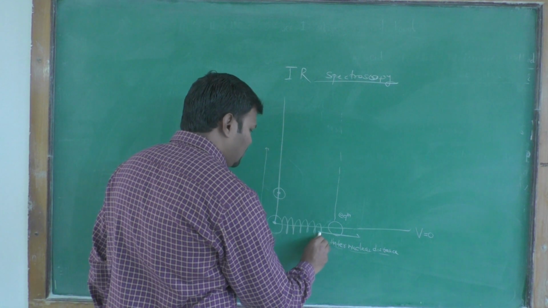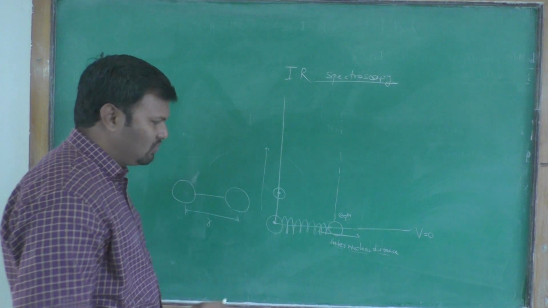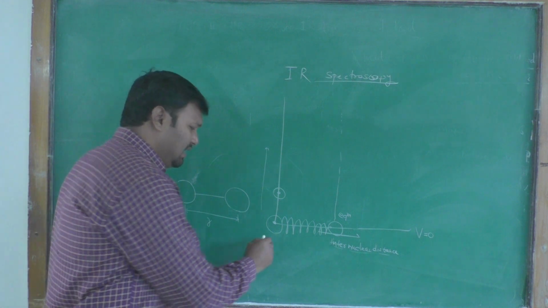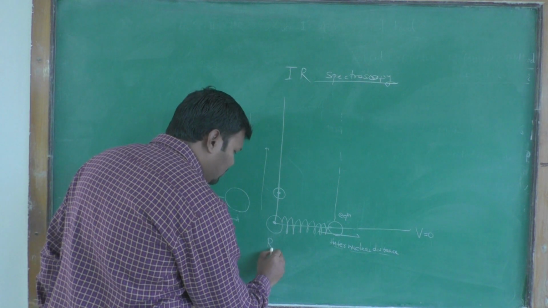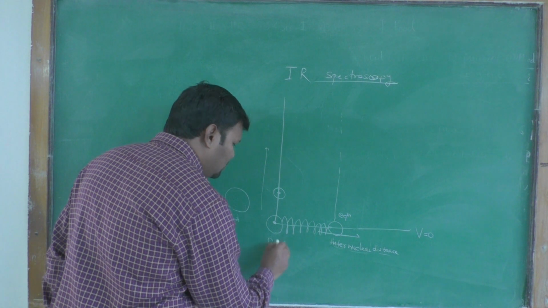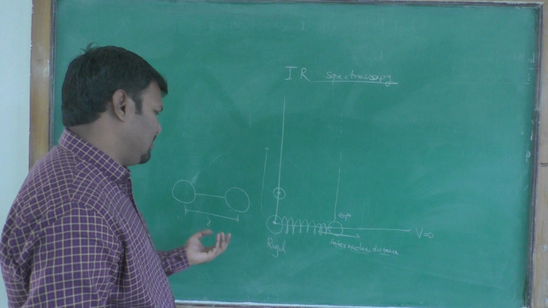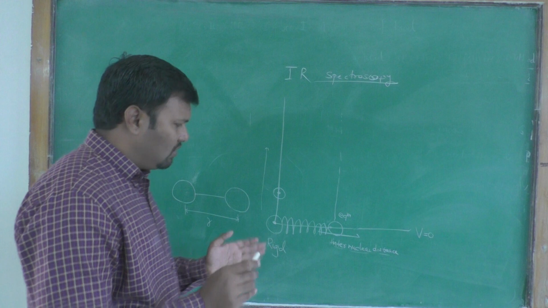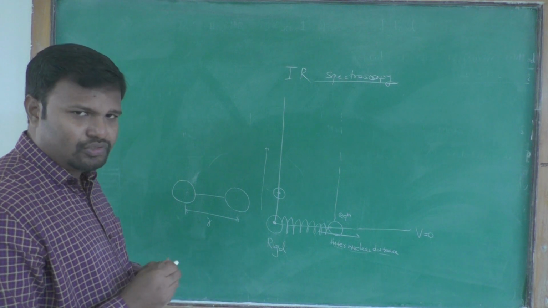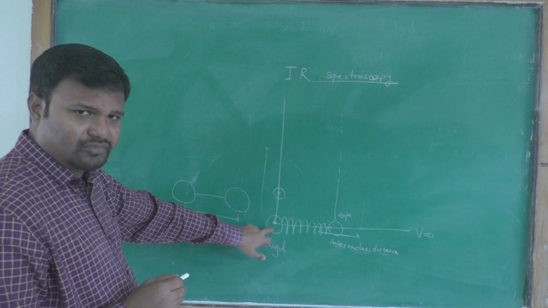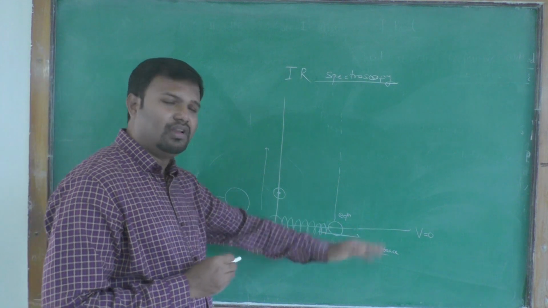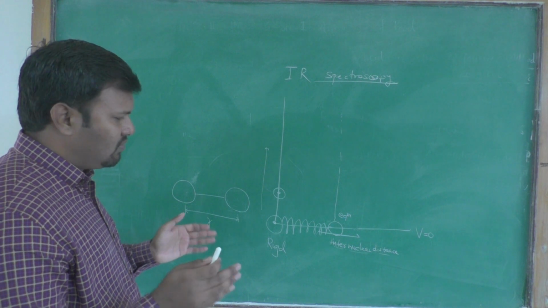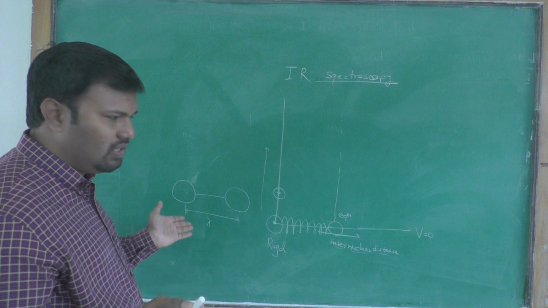One end is rigid, the first end does not move and remains at its position. Only the second atom will vibrate or change its position, and due to taking energy its length decreases or increases.